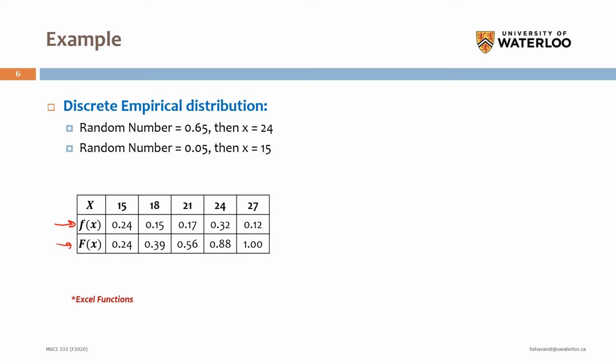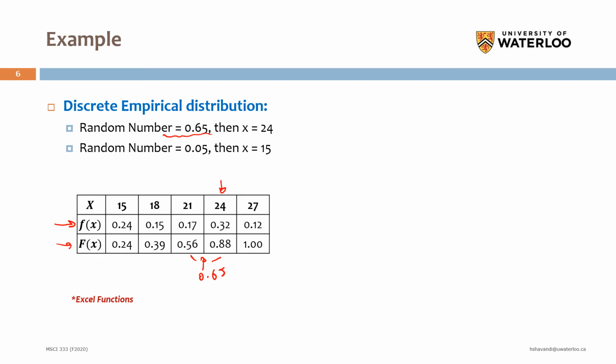If we generate 0.65, we see that it lies between these two numbers, and the upper limit will be our random variate for this random number.